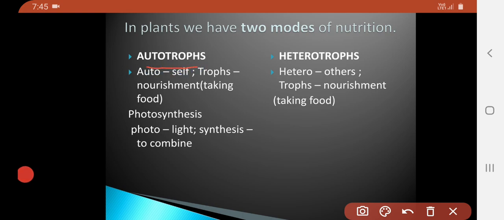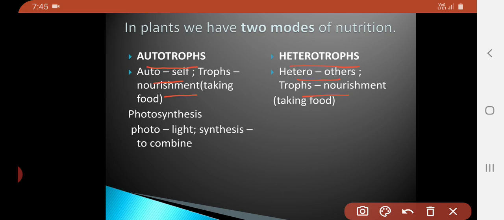First it is autotrophs and second it is heterotrophs. Auto means self and trophs is nourishment. Autotrophs, the plants prepare their own food. They have the capacity to prepare their own food. In heterotrophs, hetero means others and troph is nourishment. They have to depend on other organisms for their food.